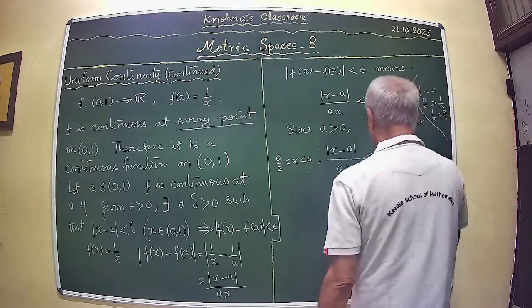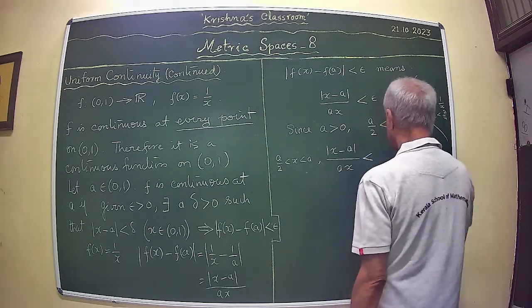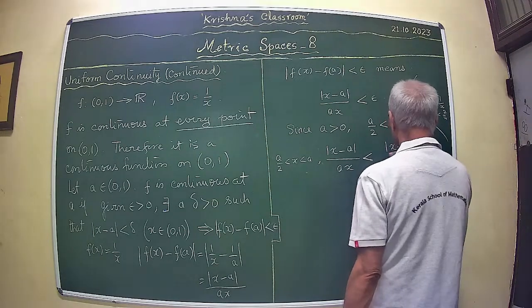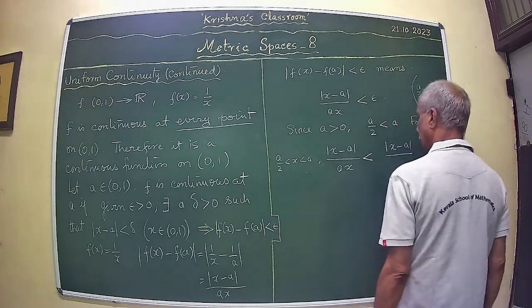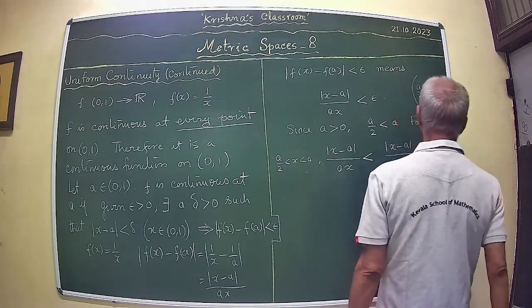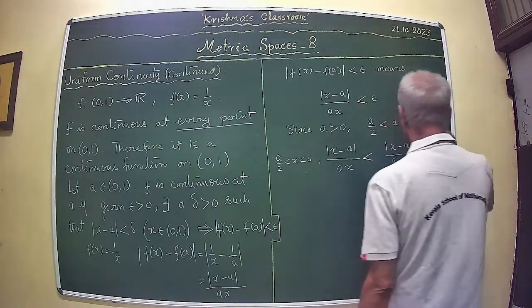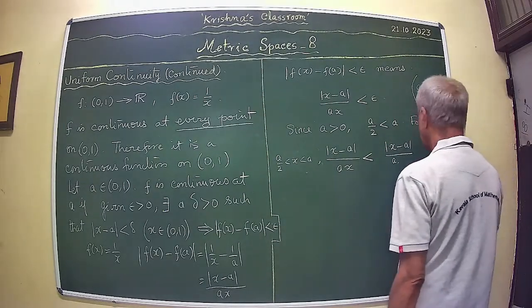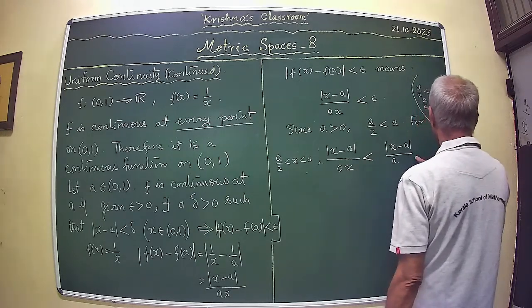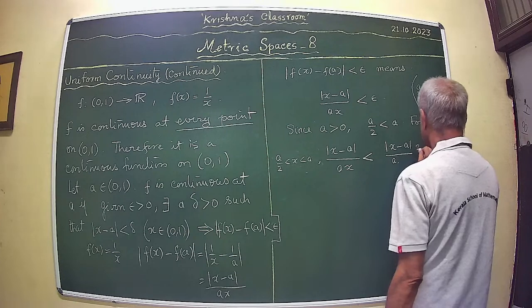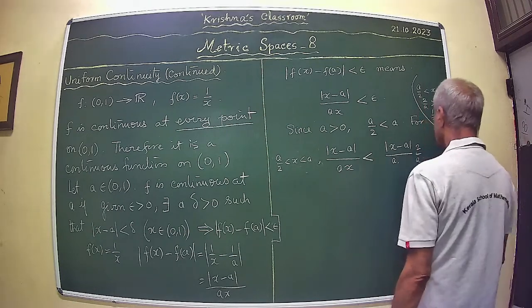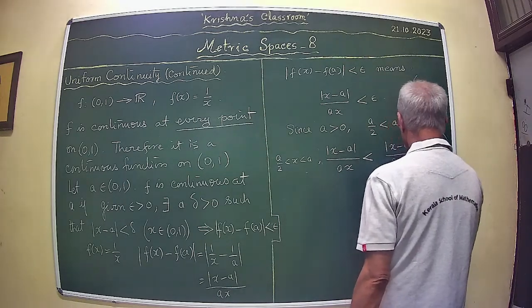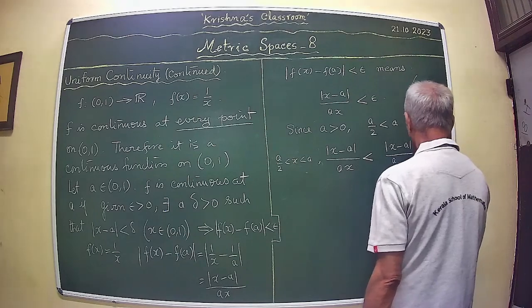Therefore this becomes less than mod x minus a divided by a into a by 2, so this is equal to twice mod x minus a divided by a square.